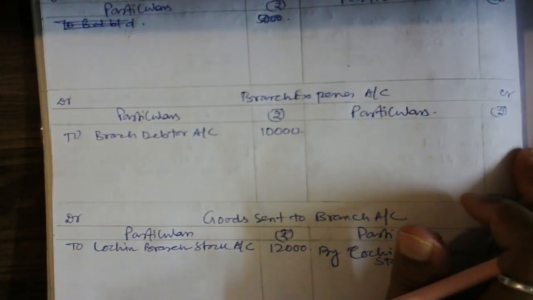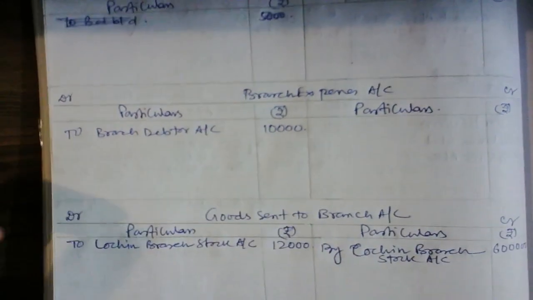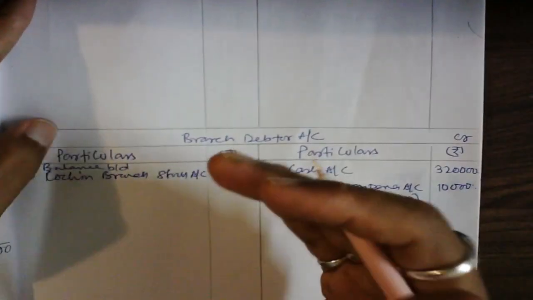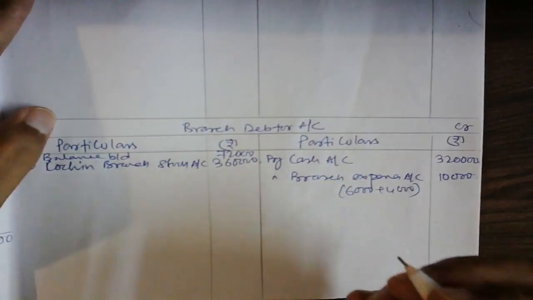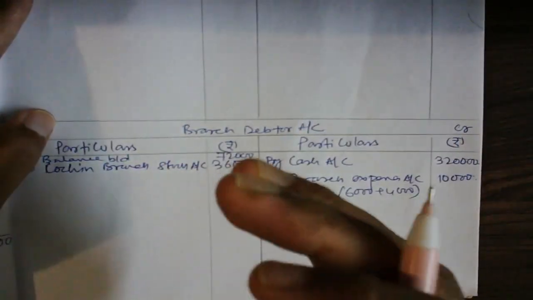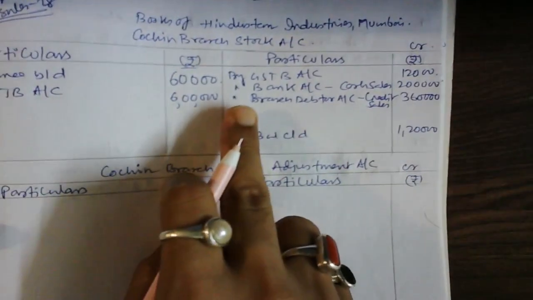After this we have sale return at Cochin branch. So what is sale return? It is returned by the sundry debtor itself. So in case of sale return by the branch debtor, the journal will be branch stock account debit to branch debtor. Perfect. Stock is coming back to our home as the debtor has returned it. When we make a sale, the journal entry is branch debtor to branch stock.